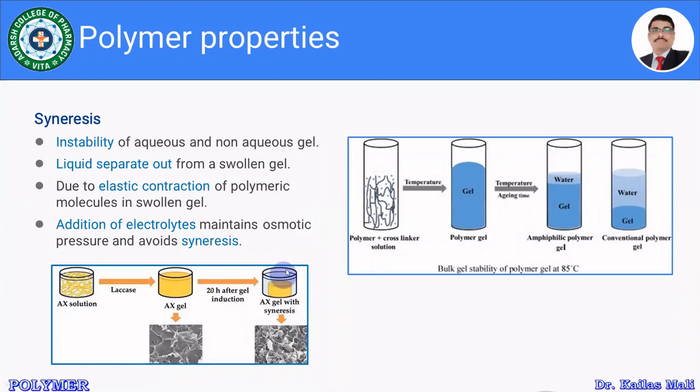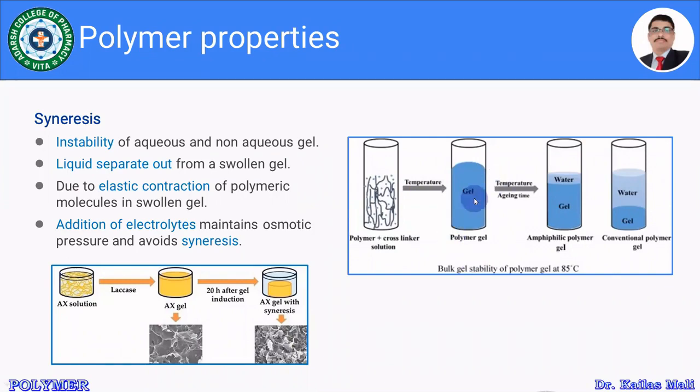Again, see the second figure, that is the bulk gel stability of polymer at 85 degrees Celsius. Here the polymer plus cross-linker solution: we have raised the temperature and we got the polymeric gel.